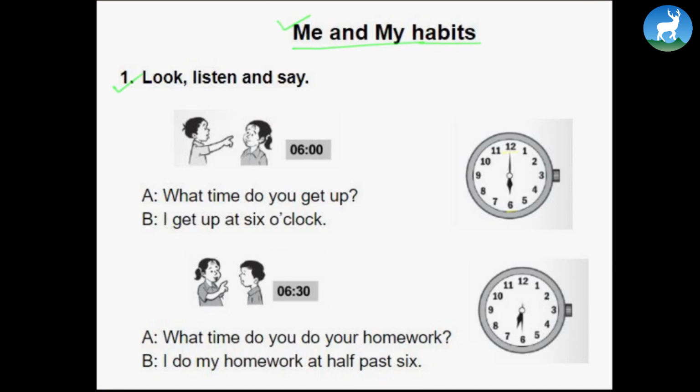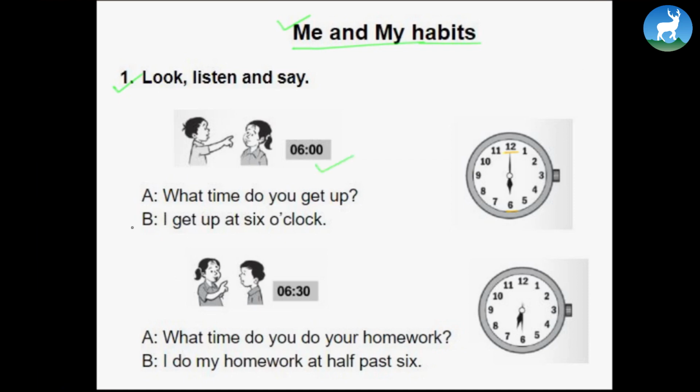And this clock does not really have a second hand. So as you can see, the hour hand is pointing towards the number 6 and the minute hand points straight towards the number 12. So it's 6 o'clock.